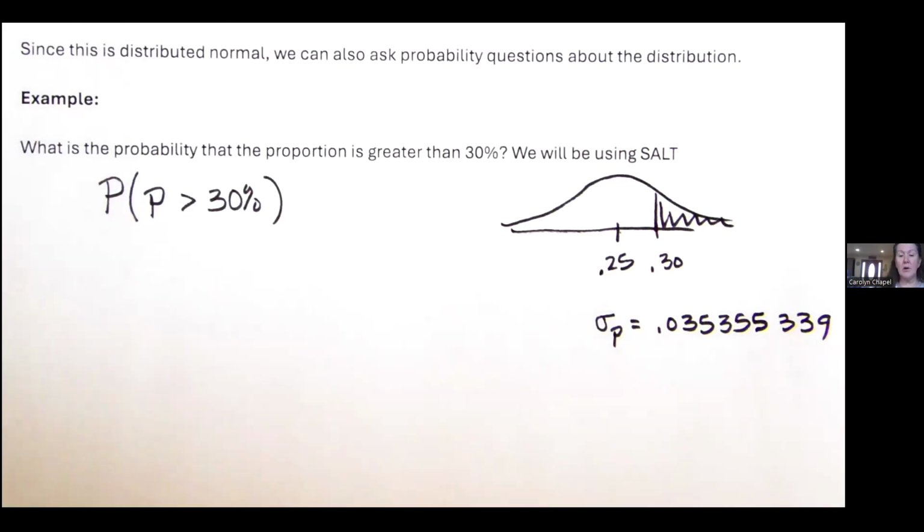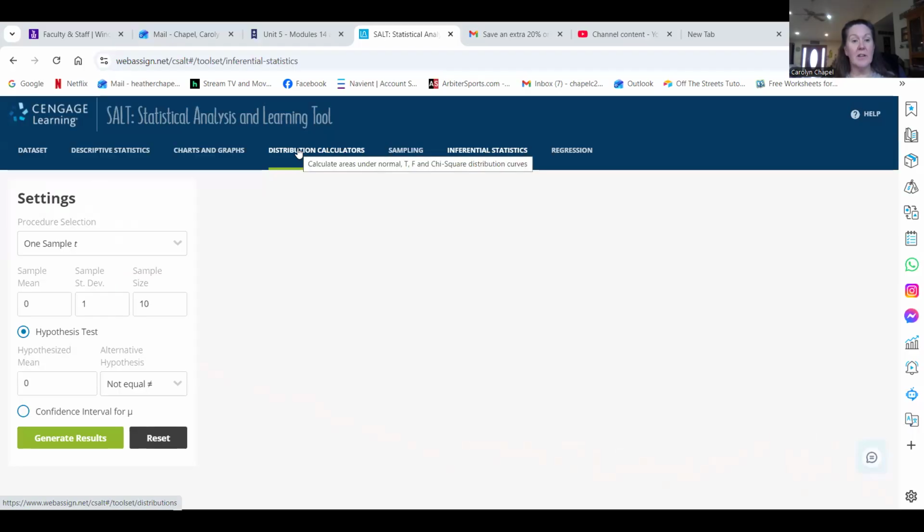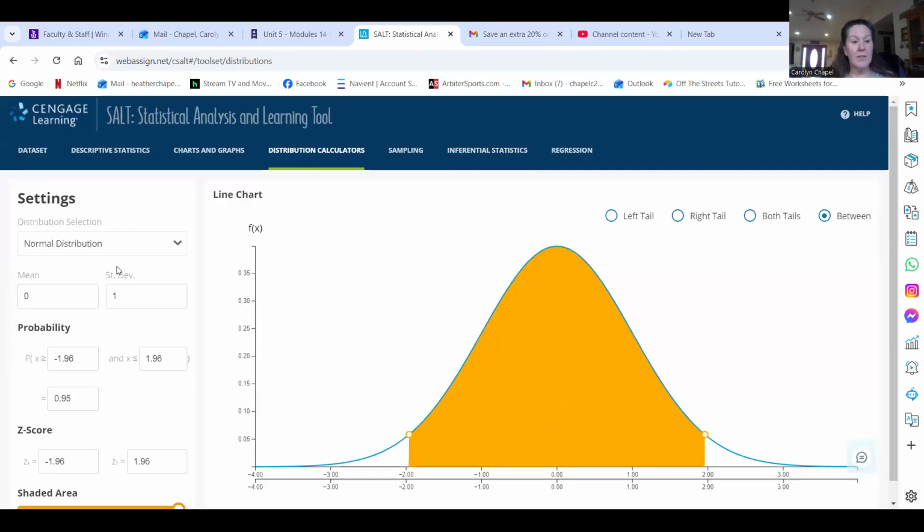Okay, but we are going to go and use SALT, and we should be pretty good at this by now, because we have done the normal curve quite a bit. So again, the normal curve is under our distribution calculator. That's where we find probabilities. We do use the normal this time. Our mean is going to be that 25% or that 0.25.